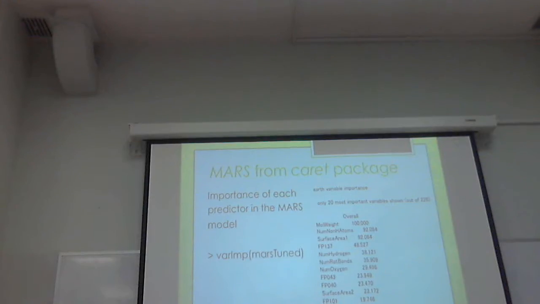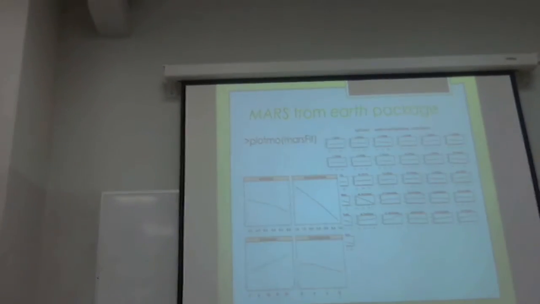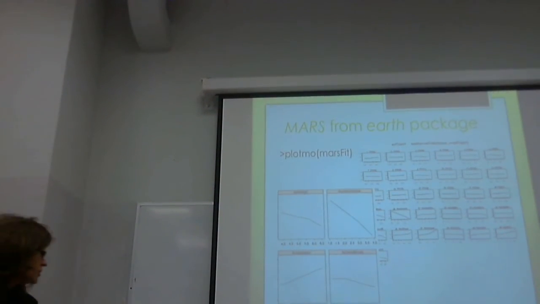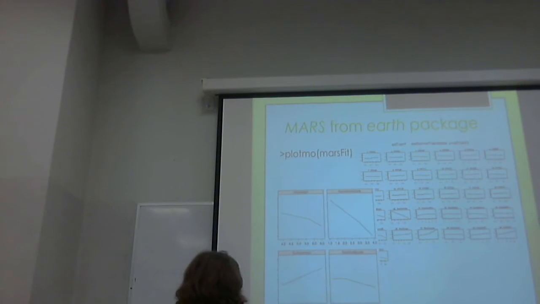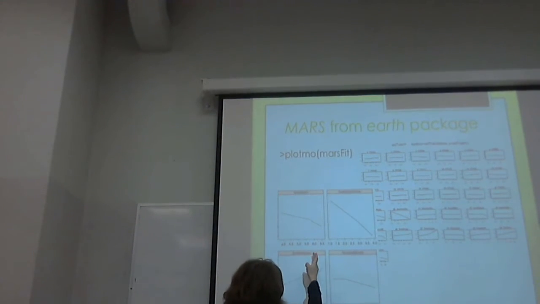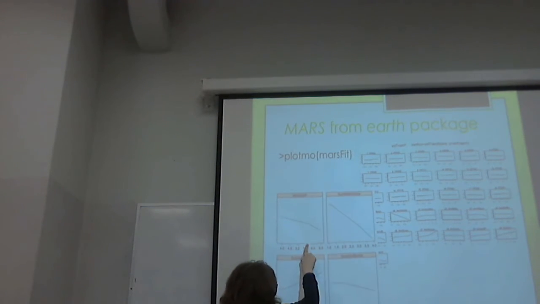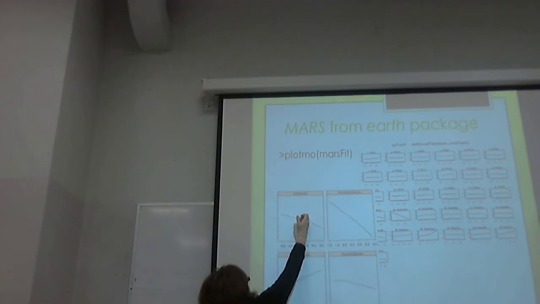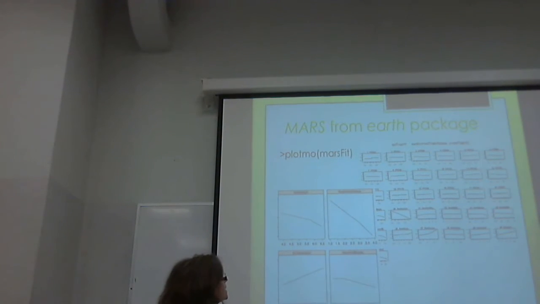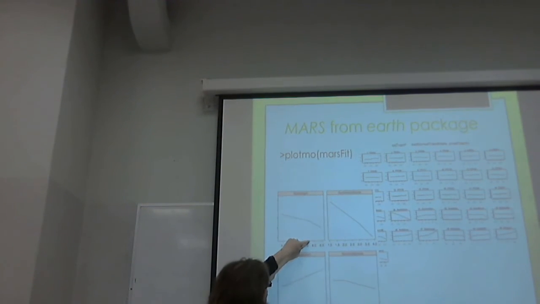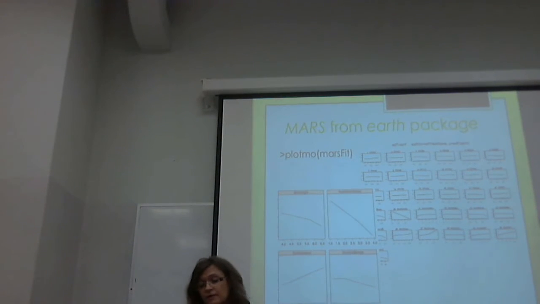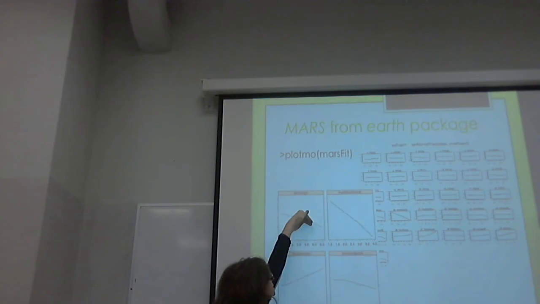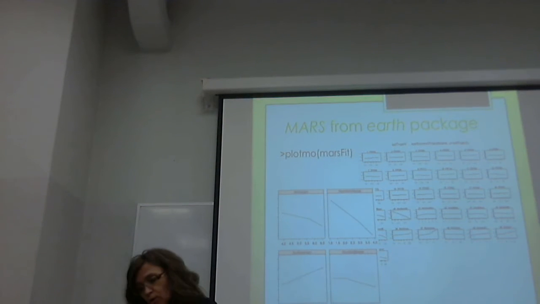For example, we predict solubility, and you see, okay, when I have molecular weight less than 5, then my solubility depends on molecular weight like this. But when my molecular weight becomes more than 5.5, then my dependency goes more down.